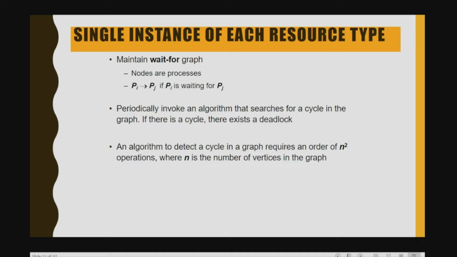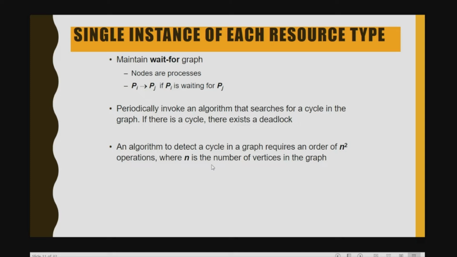So basically, the algorithm will search for a cycle in the graph. If a cycle exists, it means that a deadlock happened, because we want to detect the deadlock. That's why we use an algorithm to identify the circle or the cycle inside the graph.